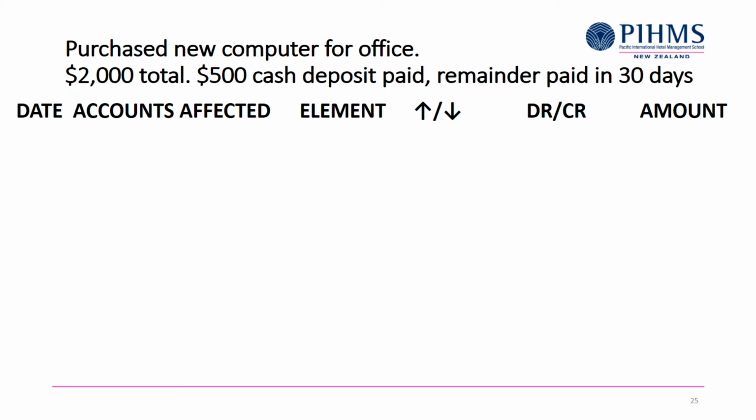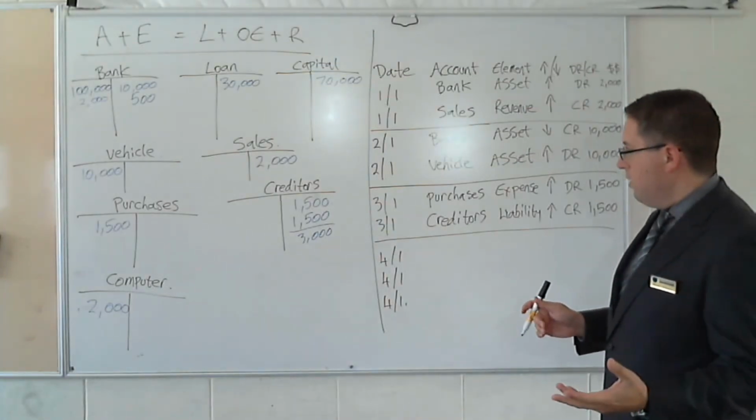The last one is purchase of a computer. Computer's purchased for $2,000, $500 cash deposit paid, remainder is owing. So, we have 3 lines.